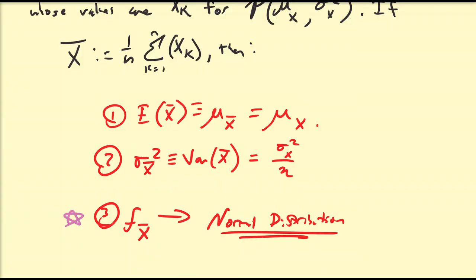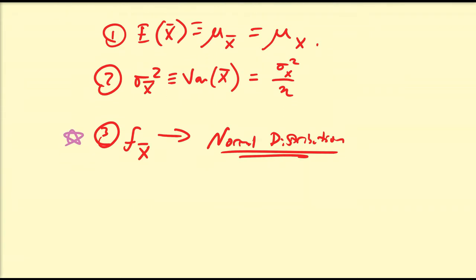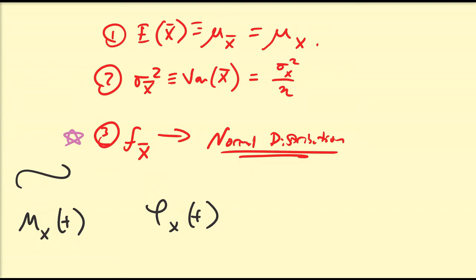Alright, so our goal is going to be to prove that the distribution of x bar will converge to the normal distribution. So what we're going to do is the following. Remember that the characteristic function, or the moment generating function, for a random variable x sort of characterizes all of the moments in a particular distribution. So if you know the moment generating function for a particular random variable, you practically know what the distribution actually is.